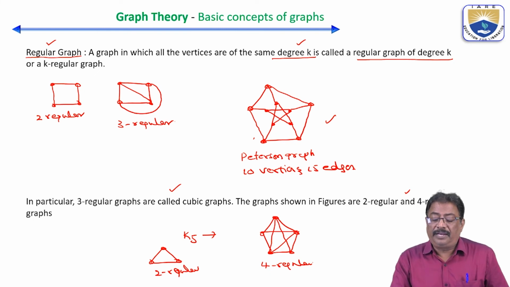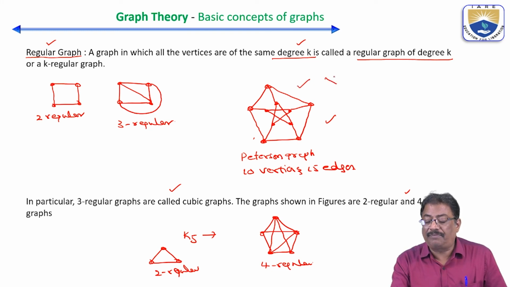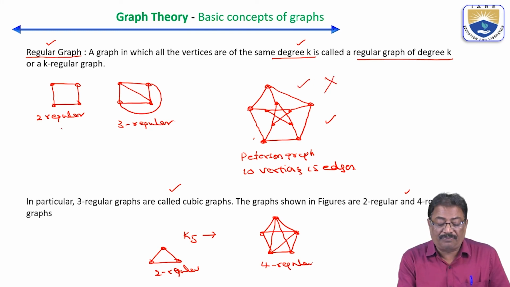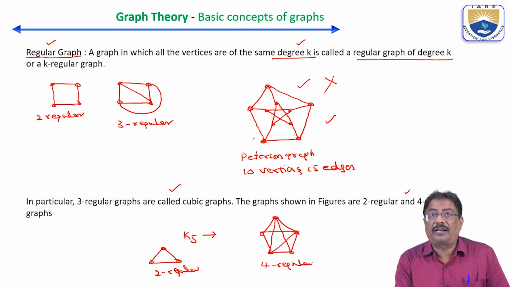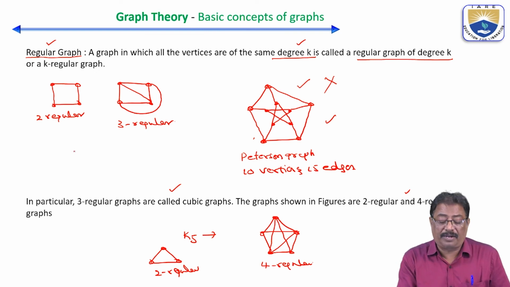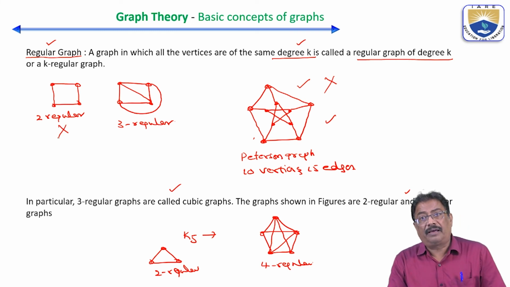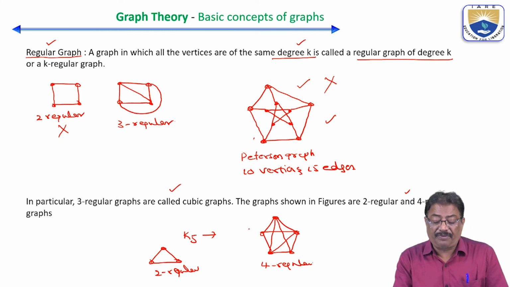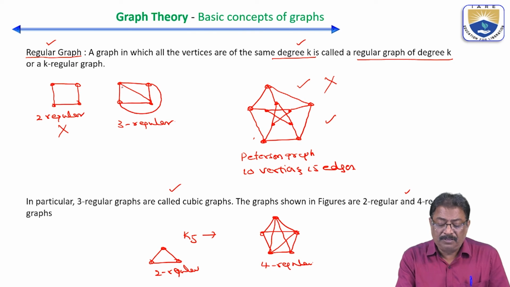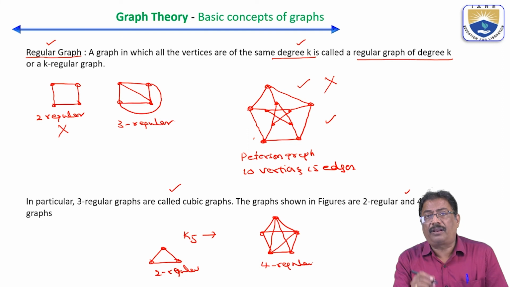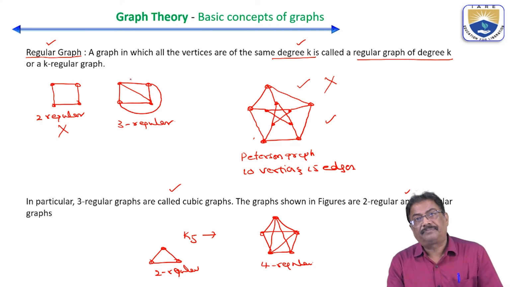So here it is only a 3 regular graph, but it is not a complete graph. If you observe this, it is a 2 regular graph, and it is not a complete graph. If I am considering this, you observe that this is a 3 regular graph and it is a complete graph.